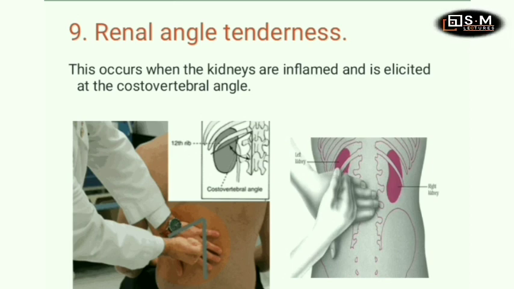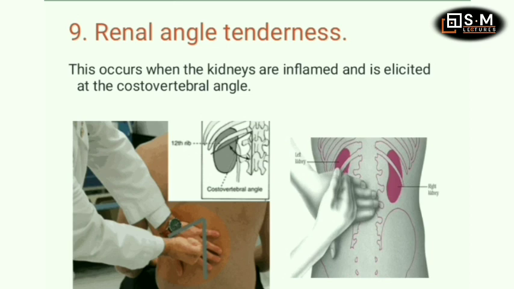You take the angle between the 12th rib of your patient and the vertebral column, then you place your hand and hit a little bit, not the way that you will elicit much pain on your patient, rather just to examine. So you just place your hand and hit a bit to see the reaction of your patient.